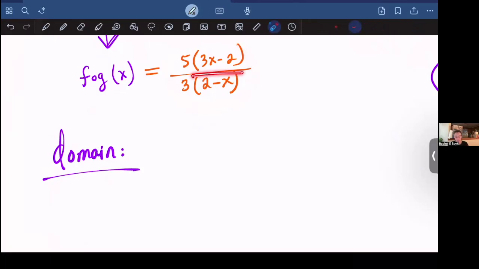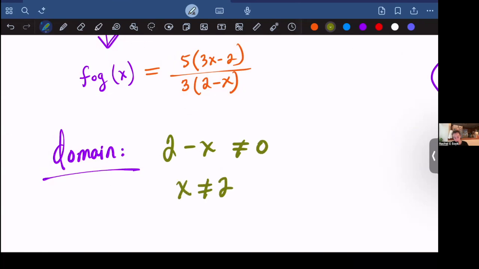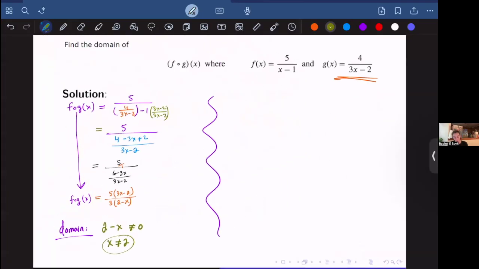And more importantly, that 2 minus x cannot be equal to 0, because if it is, it makes the denominator equal to 0. So this tells us that x can't be equal to 2. Okay. However, we're not done, because we also need to look at the domain of this input function g of x. So let's write that over here.